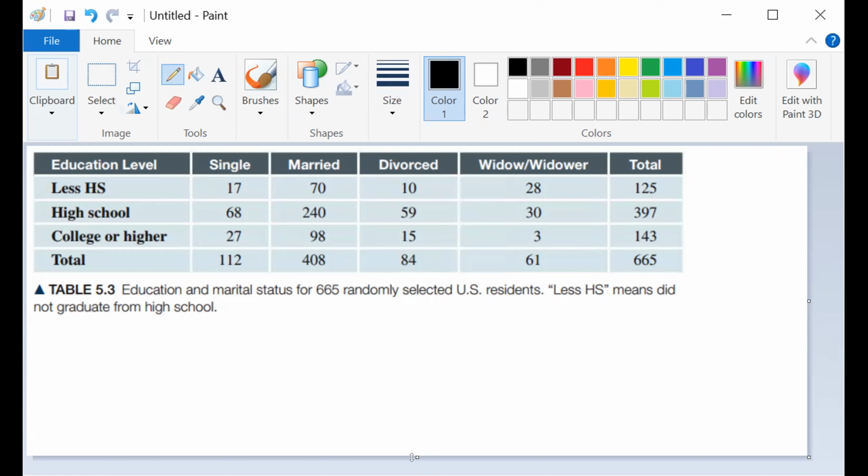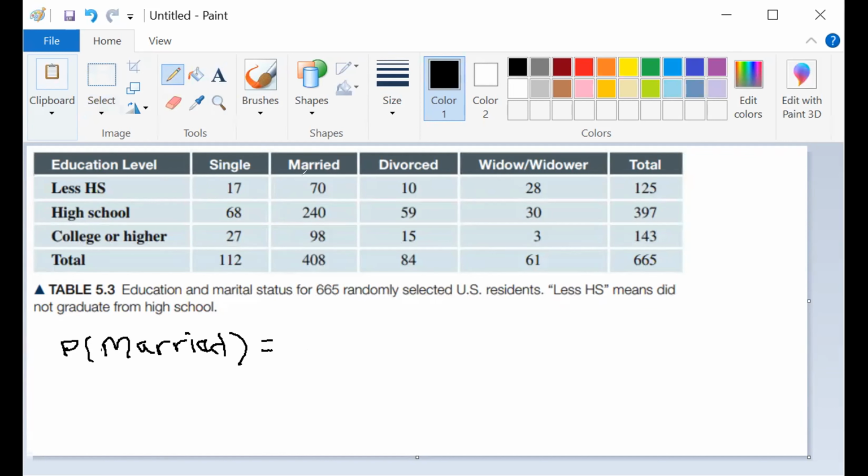To calculate that, we need to figure out all the people in the space that are married, so you'd want this number here, 408.